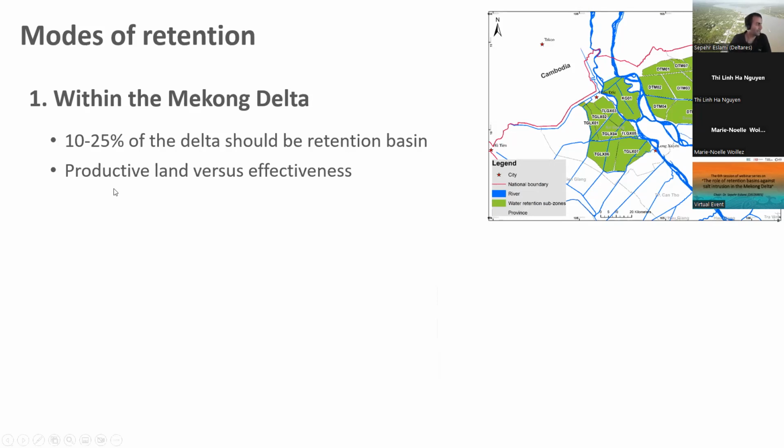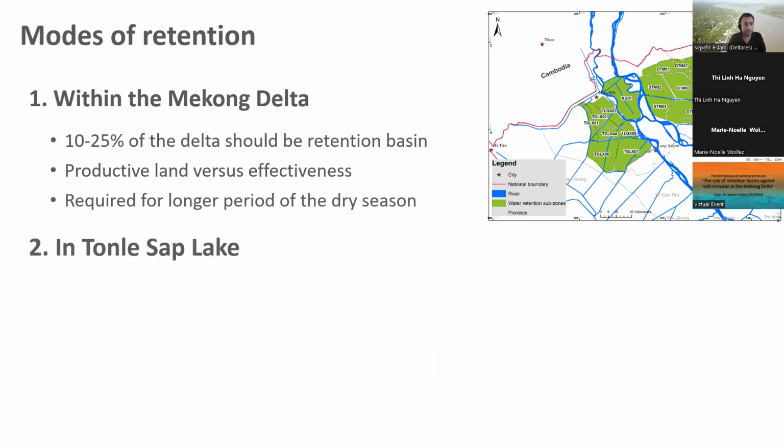So in fact, this is not an effective measure, and there are also other problems such as evaporation in the dry season, which makes it an extremely unattractive method for water retention.